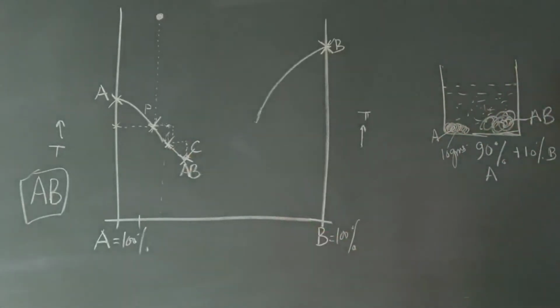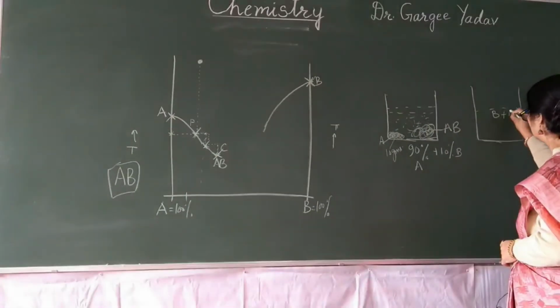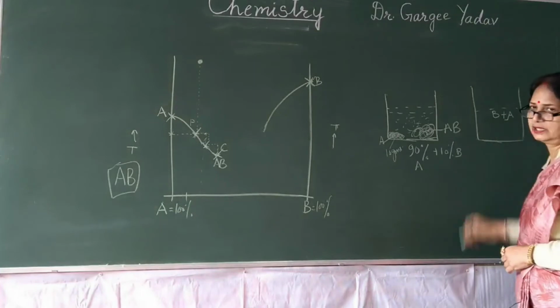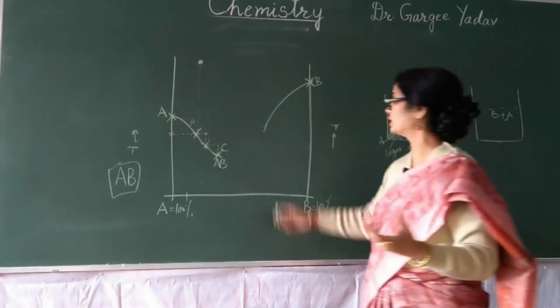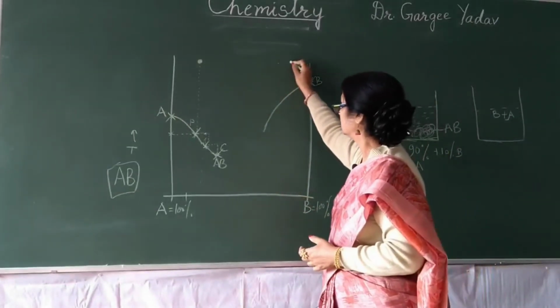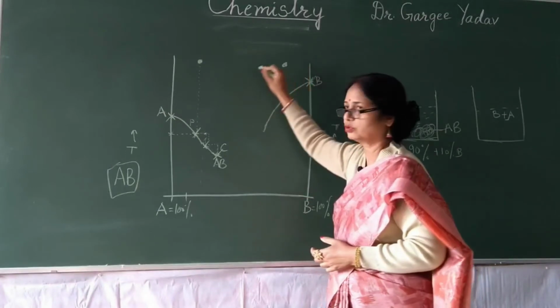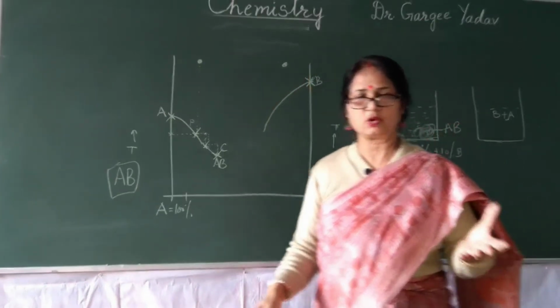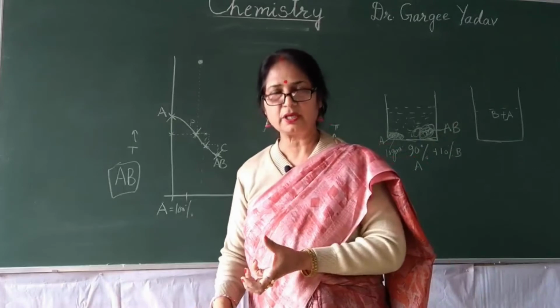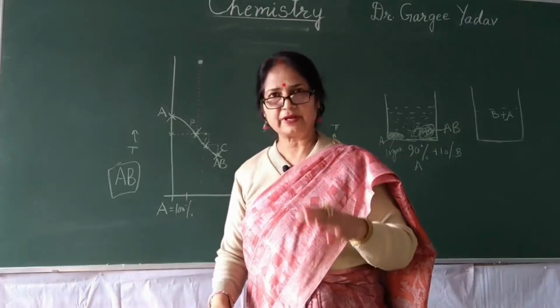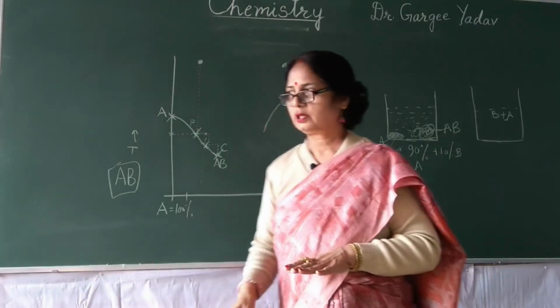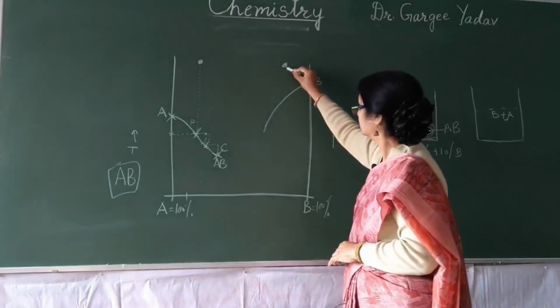Now we will take another vessel in which we are taking B, to which A is being added, and when we heat it to a temperature above the freezing point of both A and B, we will have a homogeneous mixture of A and B, the liquid melt, and when we cool it down, then what will happen?